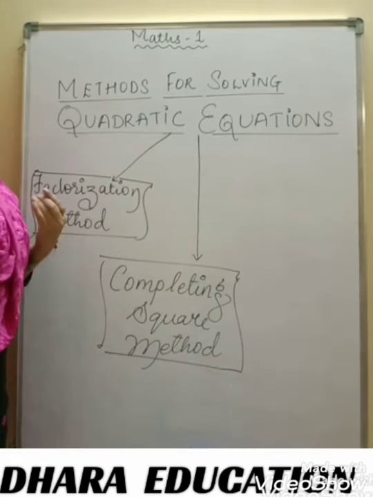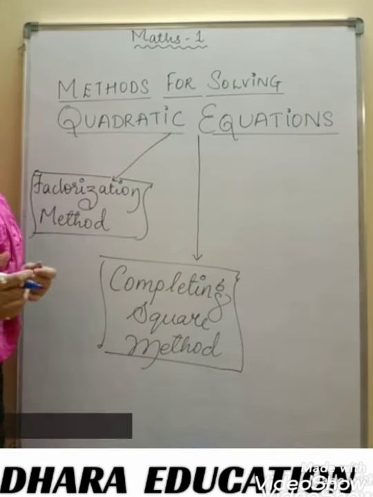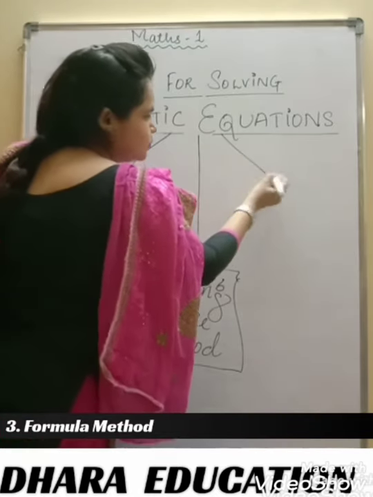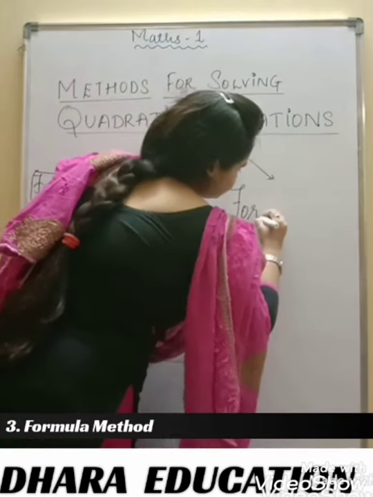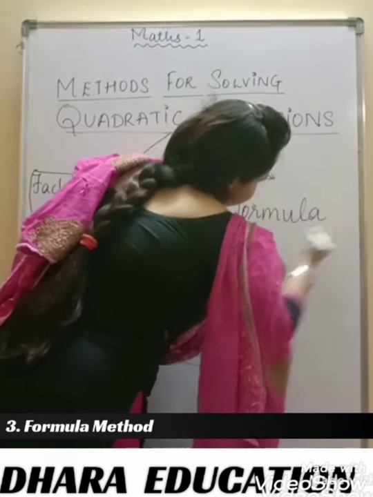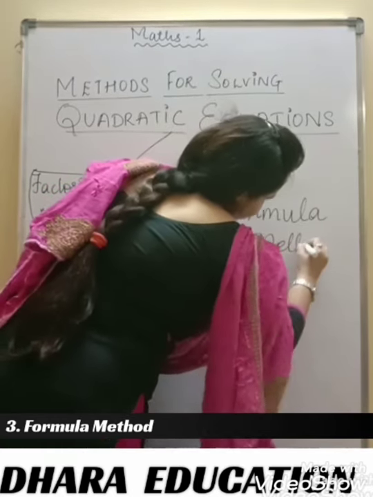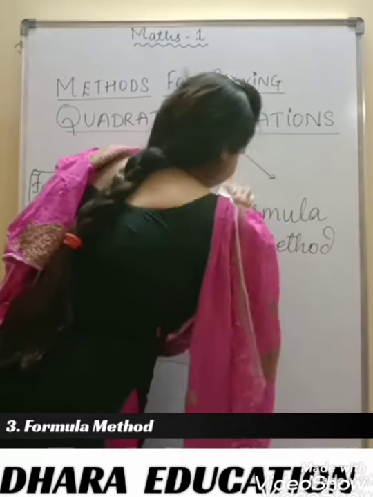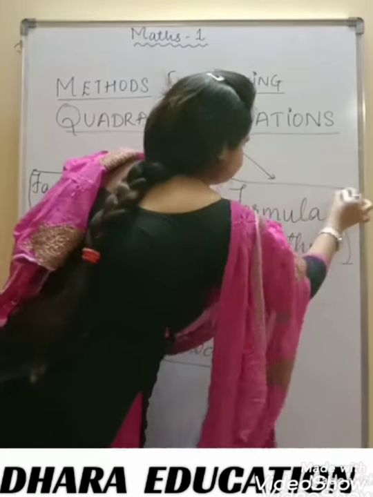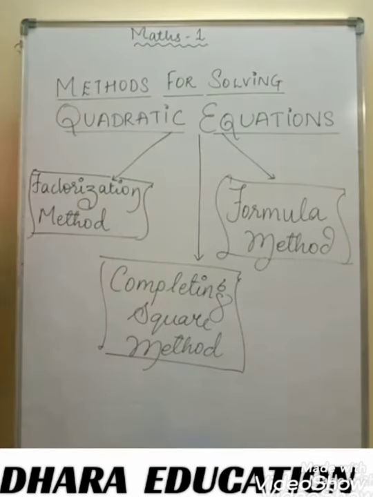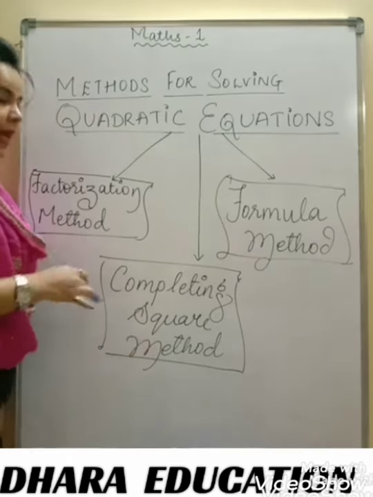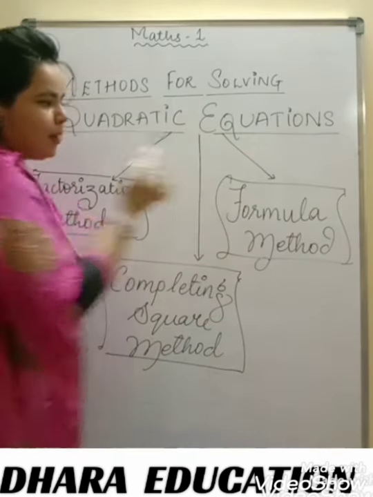And lastly, the third method is the formula method. So these are basically the three methods for solving quadratic equations. First one is the factorization method. Next one is the completing square method. And the third one is the formula method.